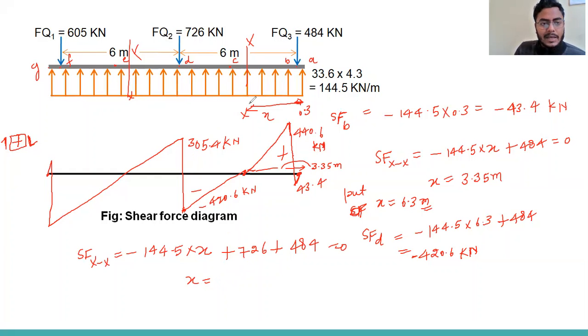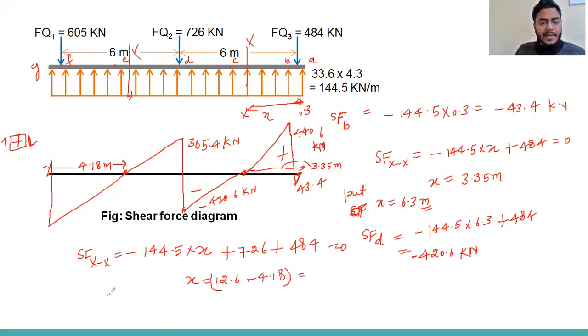That I'm calculating from the right side. If we calculate from the left side, you will get this value, 4.18 meter. Okay, 4.18 meter. So we'll get this value, that is 12.6 minus 4.18.